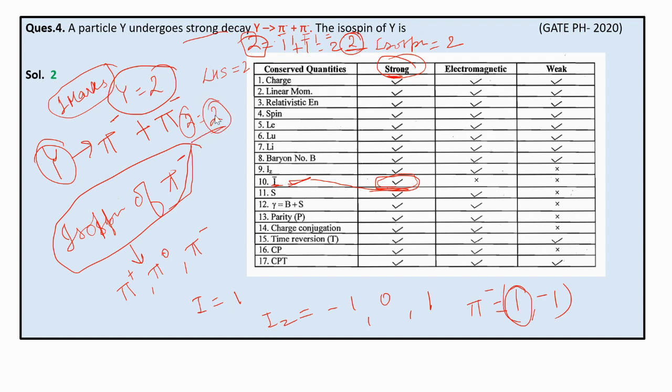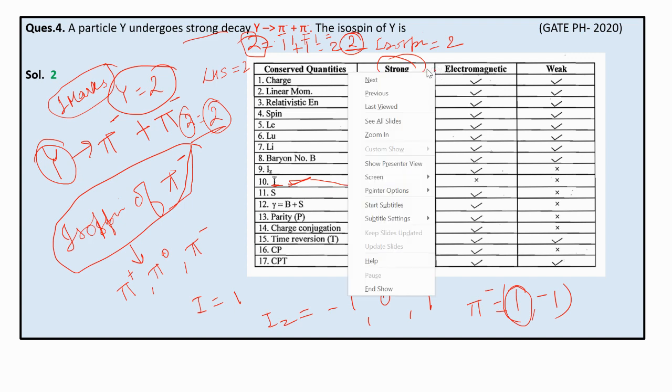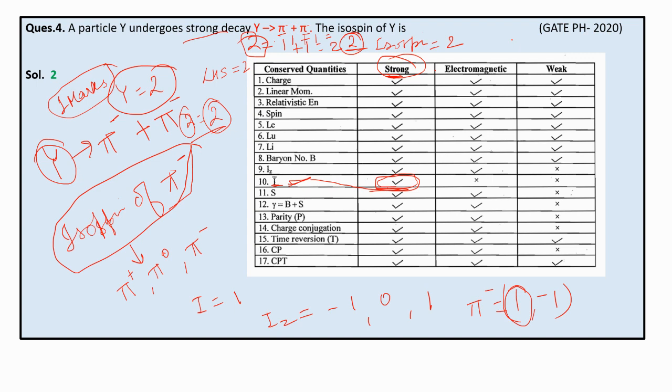Okay. So this is a very important table. Suppose such questions are coming. If you can see here, in electromagnetic and weak interaction, isospin is not conserved. I'll repeat, in electromagnetic and weak interaction, isospin is not conserved.